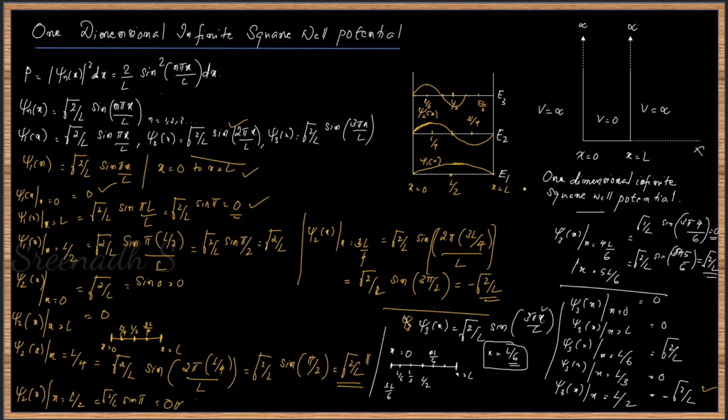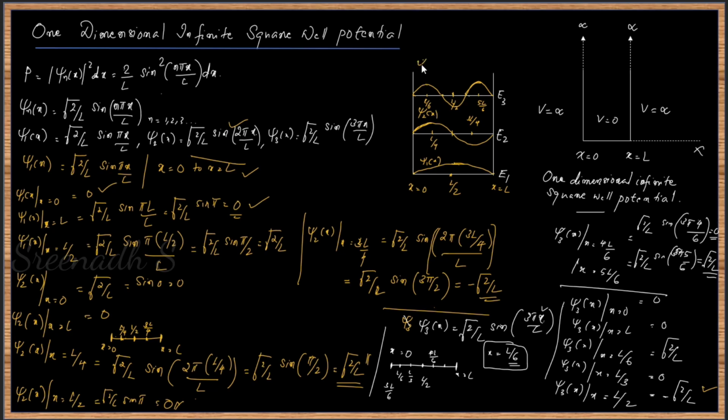Again at 5L by 6 it is having maximum value, plus value, right? So we go like this, and at L it is again 0 value. So this is the way we get the psi 3.